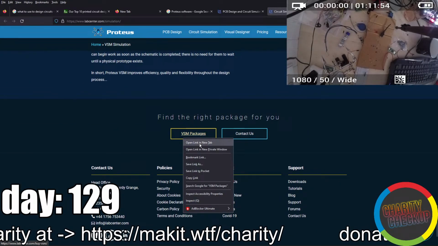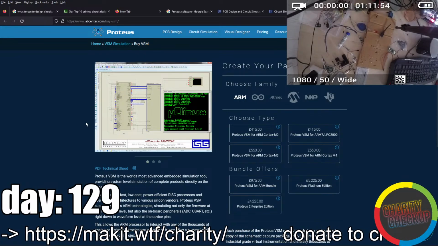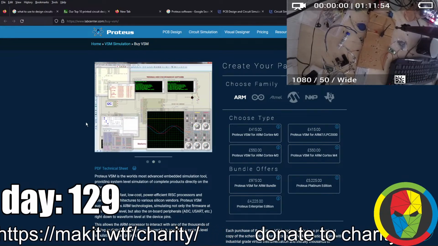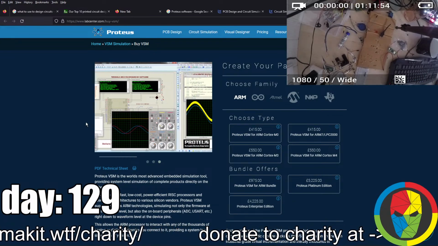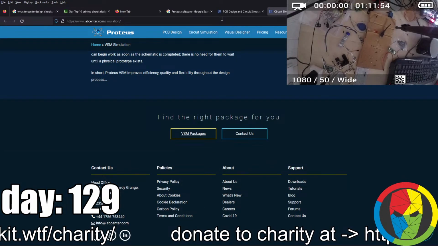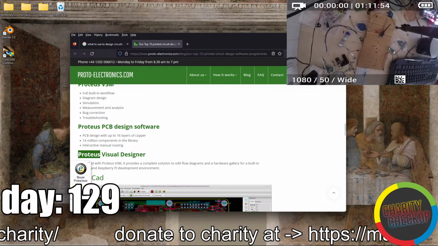Find the right package. Oh, I don't like that idea. What does the right package mean? Whoa, let's just do the buffer cells, right? That's simpler, easier, more convenient.